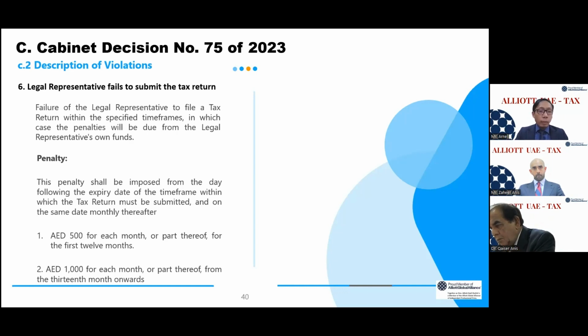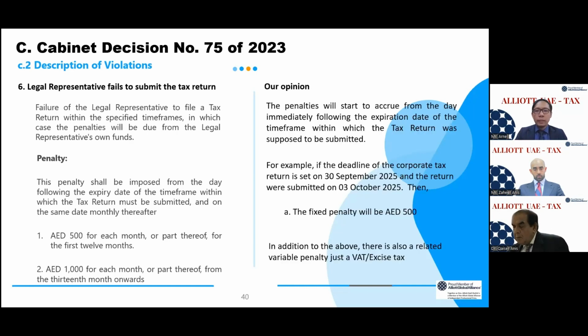The penalty will be 500 dirhams for each month or part thereof for the first 12 months, and then 1,000 dirhams each month from the 13th month onwards. You're going to notice that some of the penalties related to this are, we can say, small, and if you remember in value-added tax, some of the penalties are small.